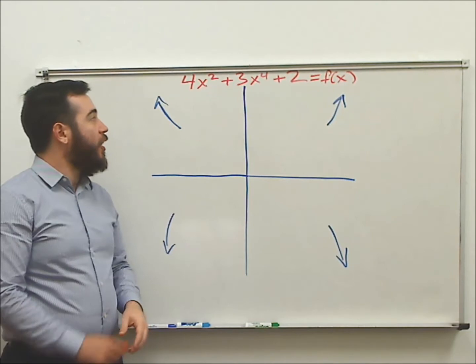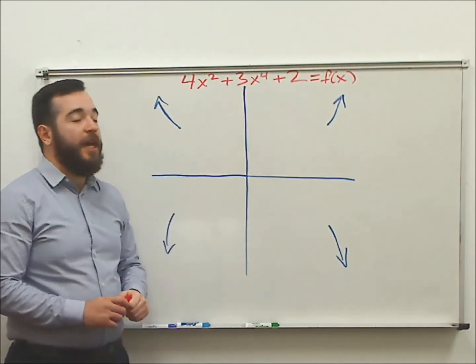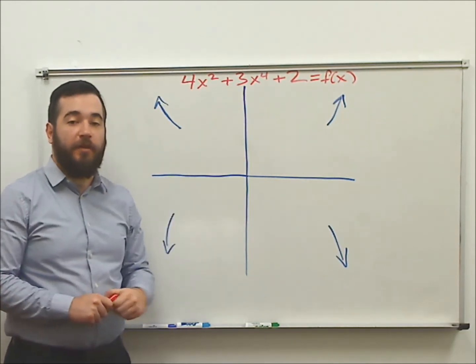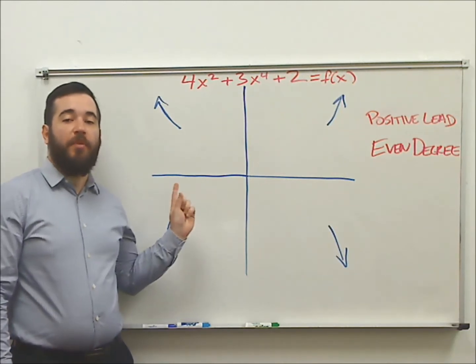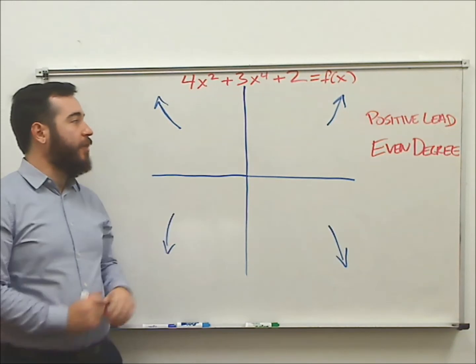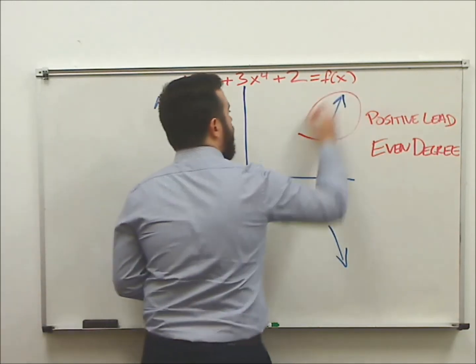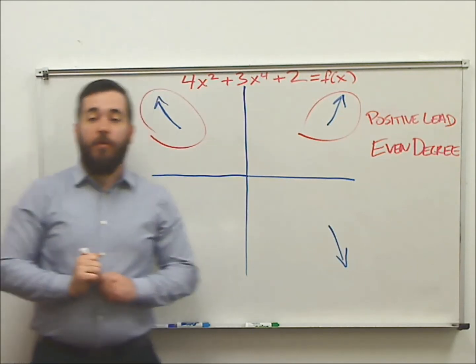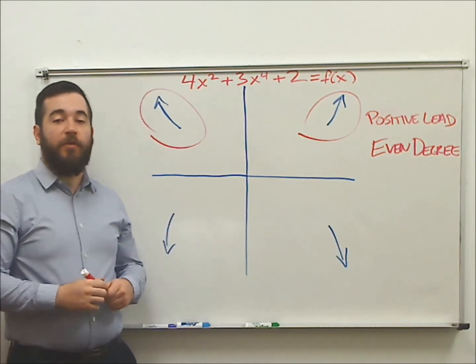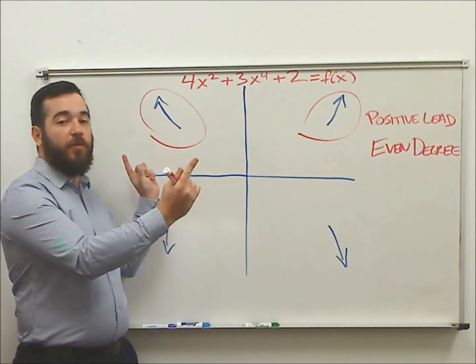And then our lead term, the coefficient attached to it, is a positive 3. All right, positive lead, even degree. That means that we go up as we move to the left and the right. So that would be our end behavior. Our graph would be expected to shoot up as we move to the right or to the left.